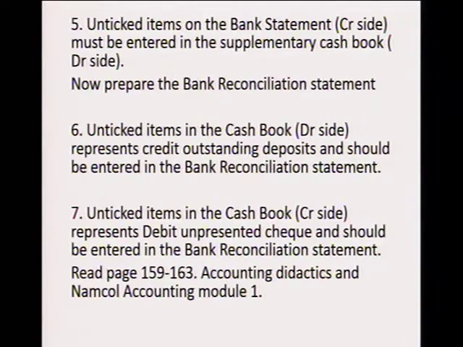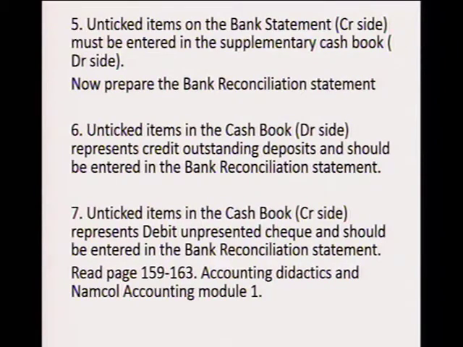They represent the credit outstanding deposits and should be entered in the bank reconciliation statement. And then in step 7, all the unticked items in the cash book on the credit side represent the debit unpresented checks and should be entered into the bank reconciliation statement.